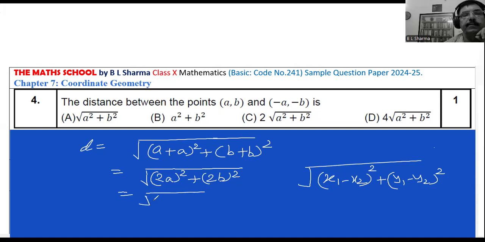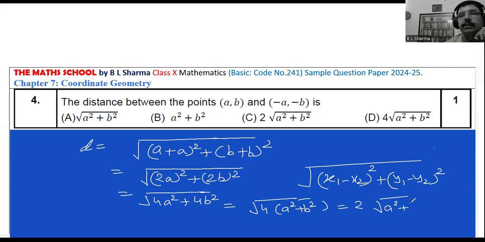Further, 4a square plus 4b square. Take 4 common: 4 times (a square plus b square). The square root of 4 is 2. Take it outside. That is 2 times the square root of a square plus b square. So C is the correct option.